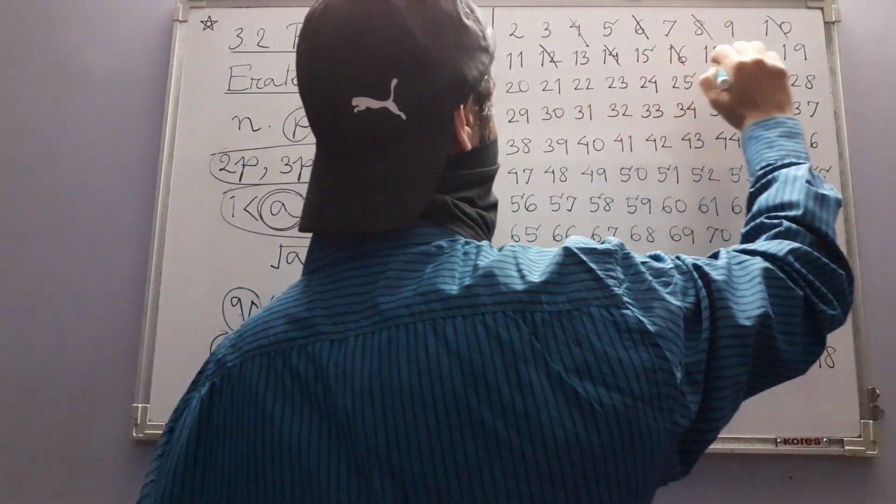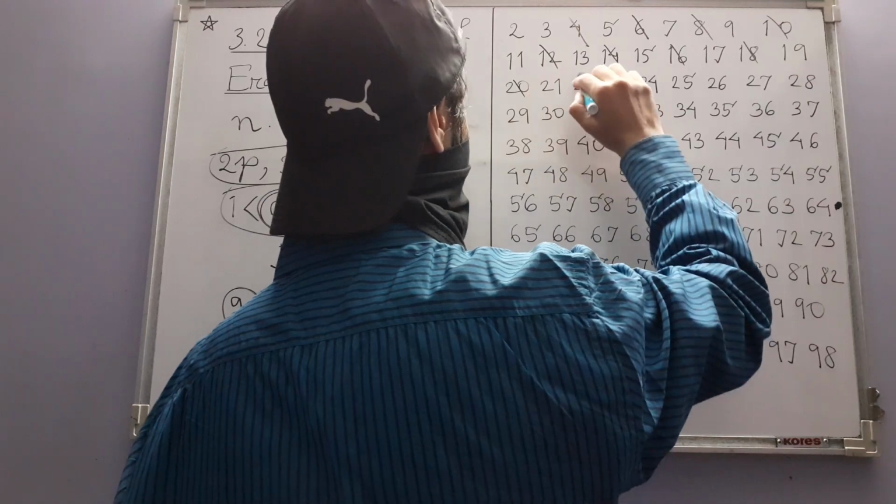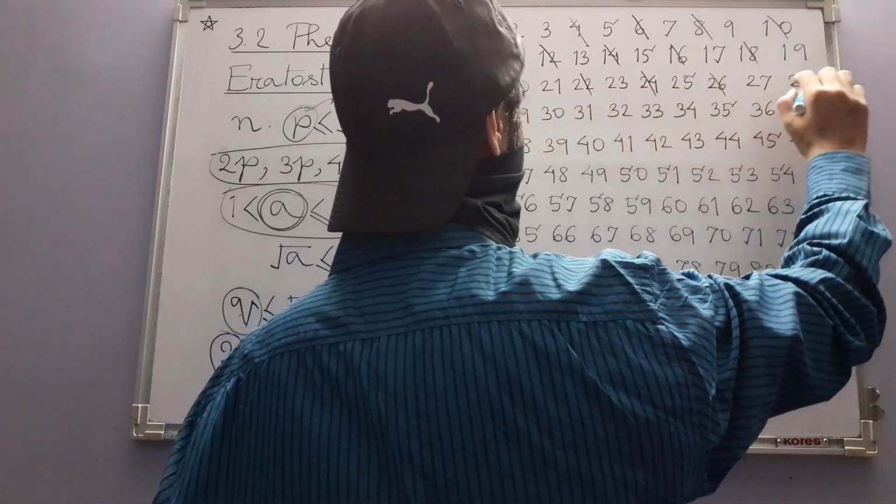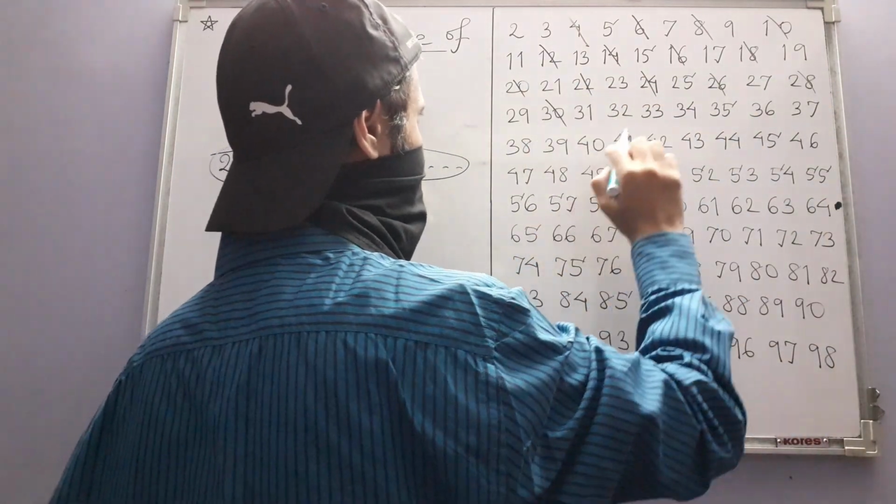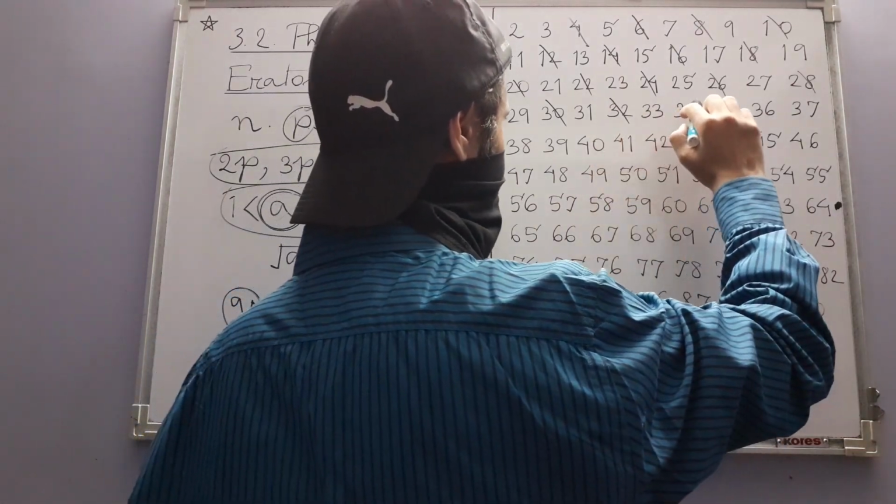12, 14, 16, 18, 24, 26, 28, 30. There is no room for error.